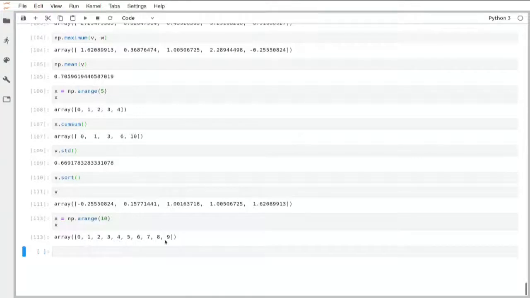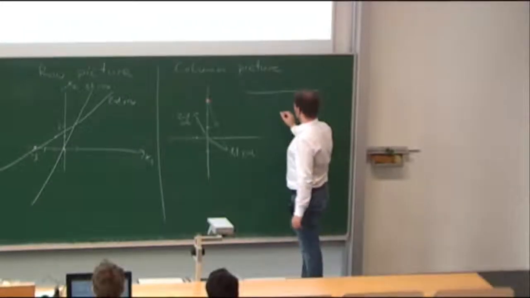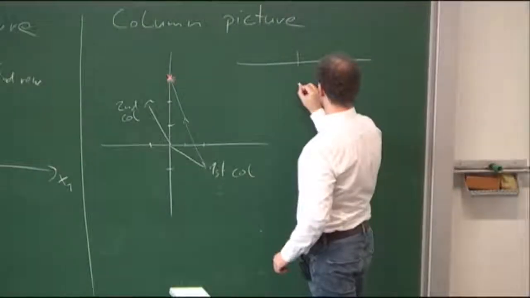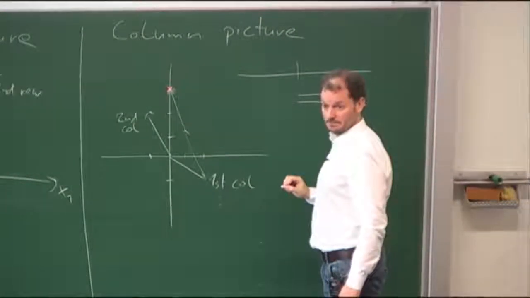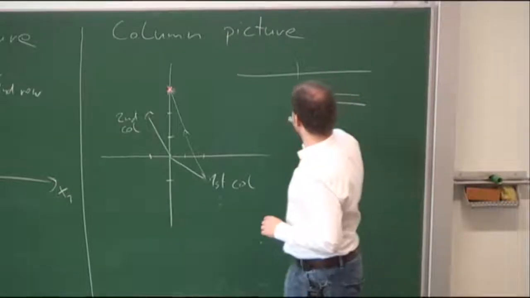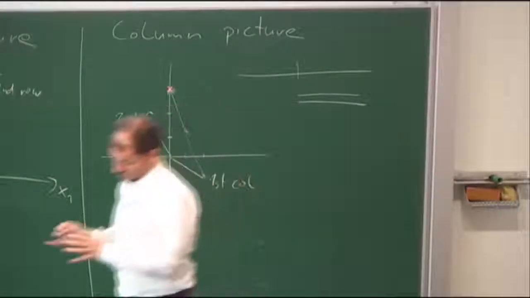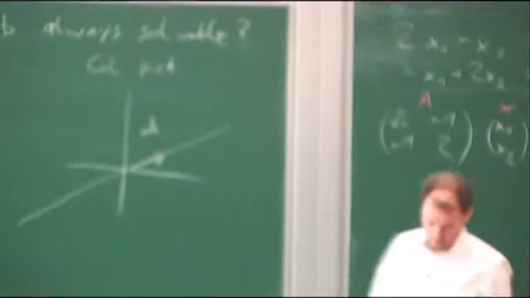So instead of having one super long vector, you want to have half of it in the first row and half of it in the second row of a new matrix. This is often convenient to change the shape of matrices.